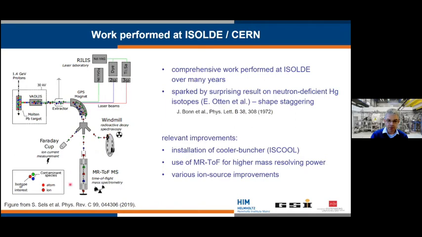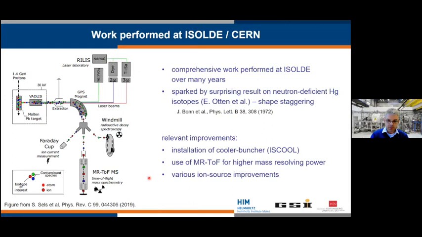But in recent years, the multi-reflection time of flight mass spectrometer has been very beneficial because a lot of the experiments are actually limited by isobaric background. With the mass resolving power of such MR-TOF devices, you can indeed distinguish these isobars easily, and then you can use ion detection in this device, combine it with laser ionization, and do even in-source spectroscopy.